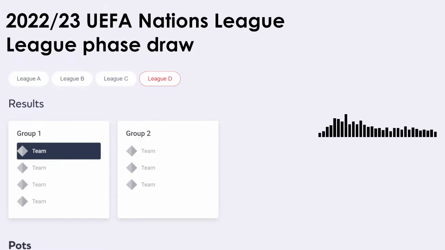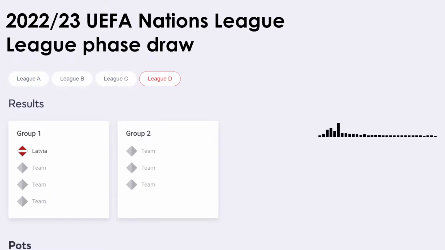In Group 1 there should be Latvia, San Marino, Andorra. San Marino to Group 2.